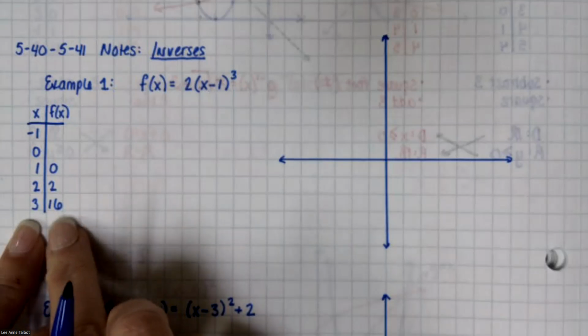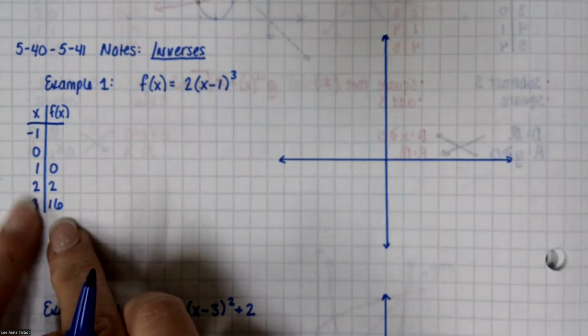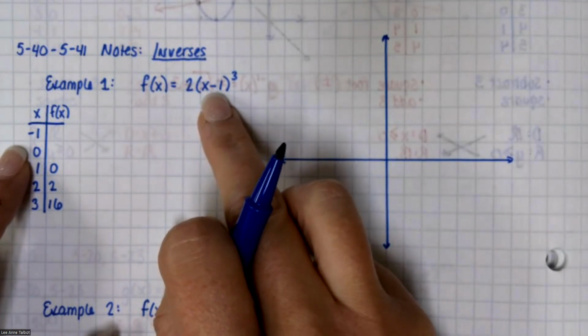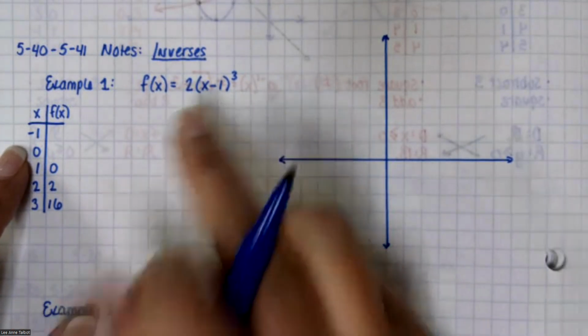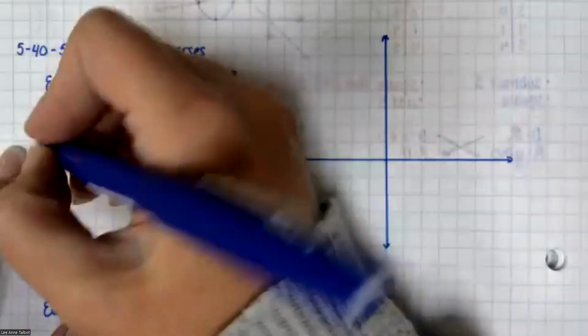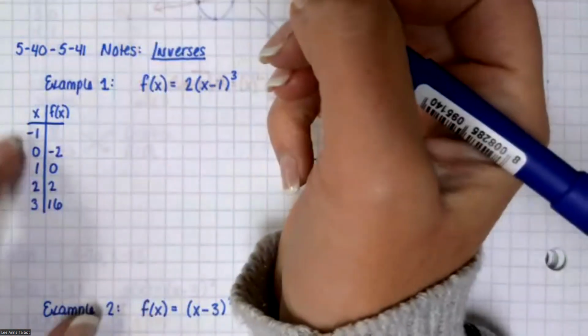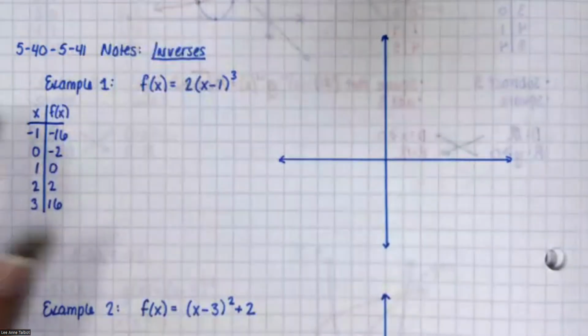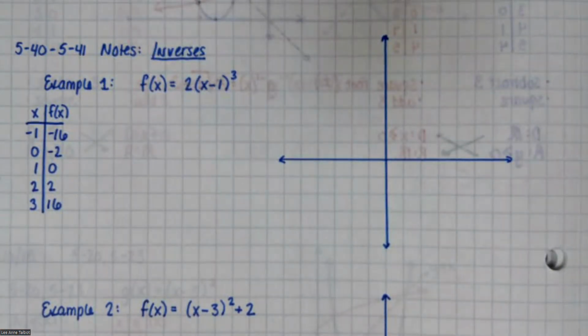We won't graph that, but we'll use it to help us graph. Okay, 0 minus 1 is negative 1. Here's a great question: what's negative 1 cubed? Negative 1. Negative 1 times 2 is negative 2. And now you can see where the symmetry comes in. You can use symmetry, but you have to be careful of the signs.